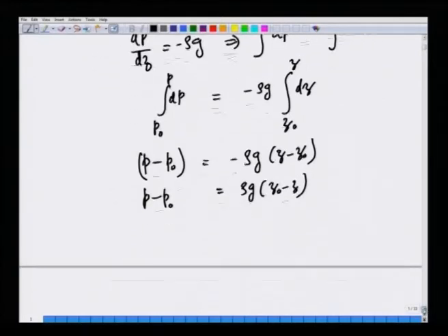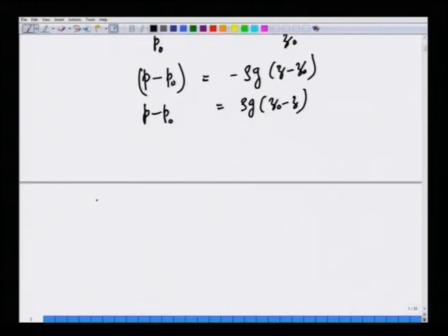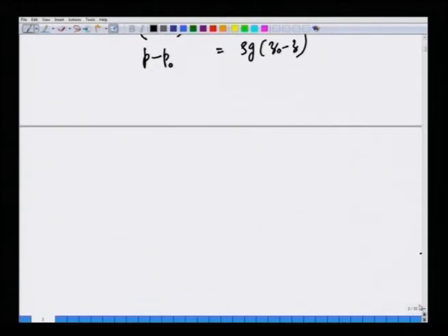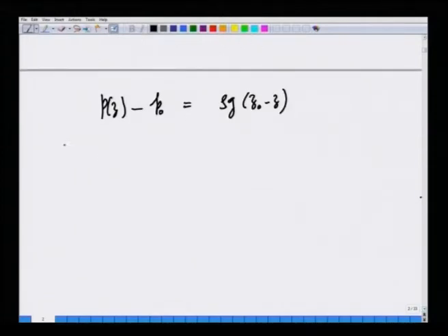Now, this can also be written as p at any z minus p naught is rho g times z naught minus z. It is customary in fluid mechanics to have the z coordinate going up like this.